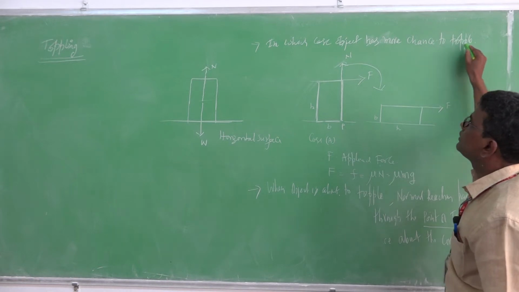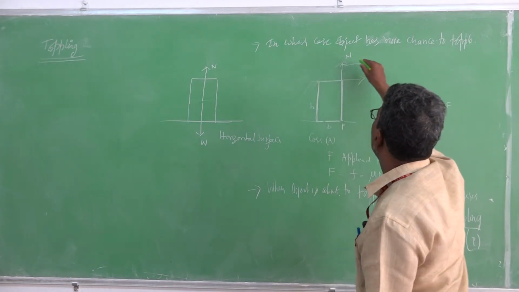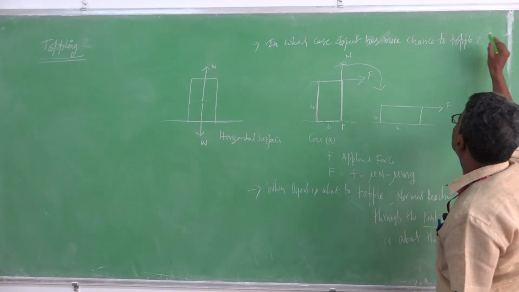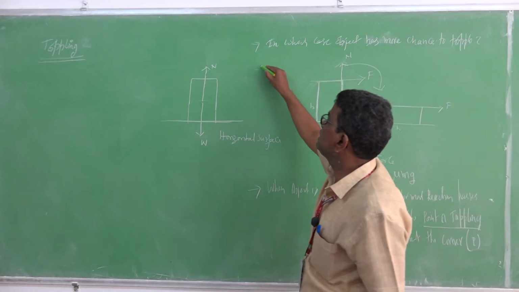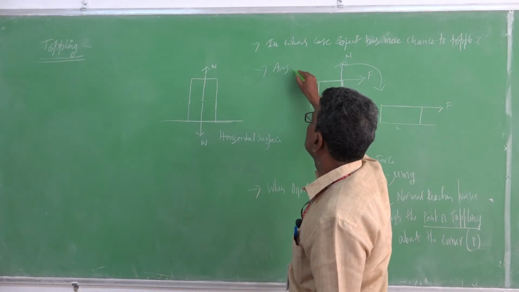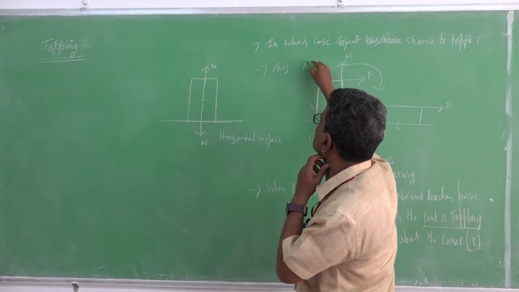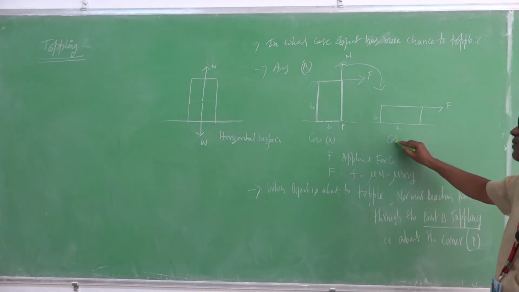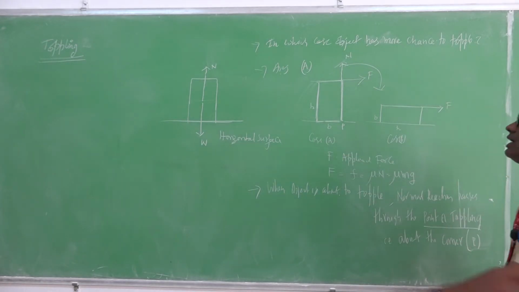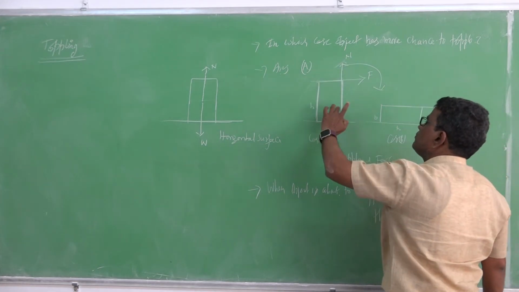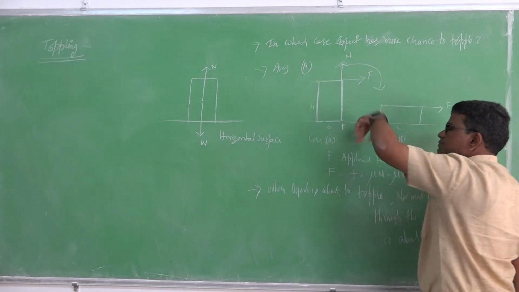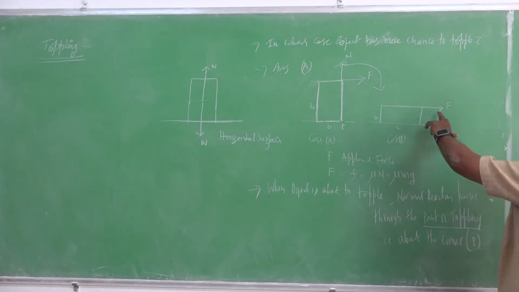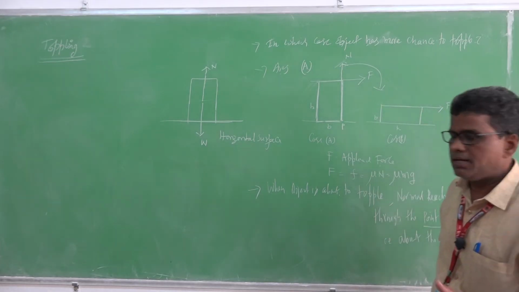For this question, the answer is A, not case B. As the height increases, the chances of toppling will be more. As the height is less, the chances of toppling will be less.